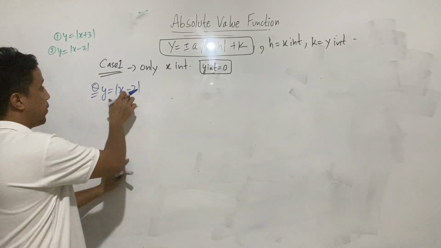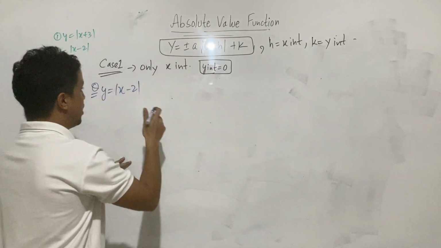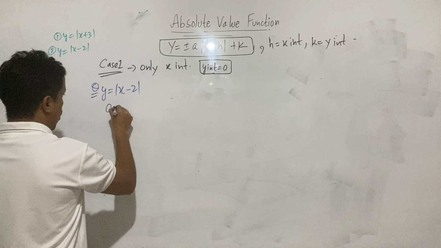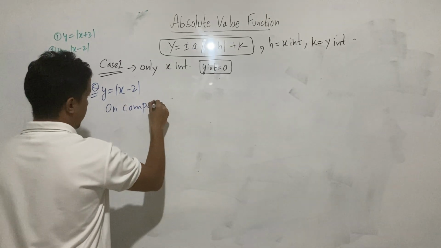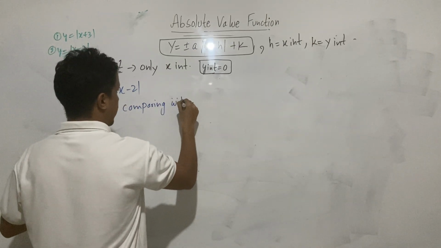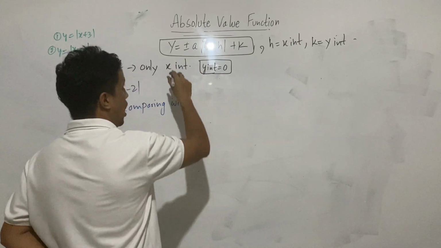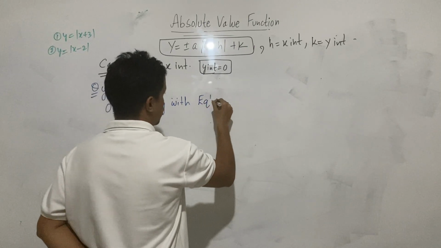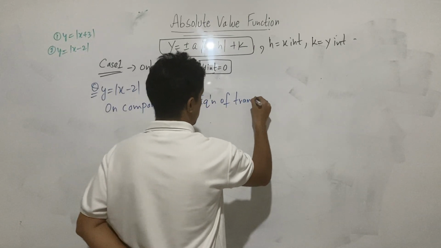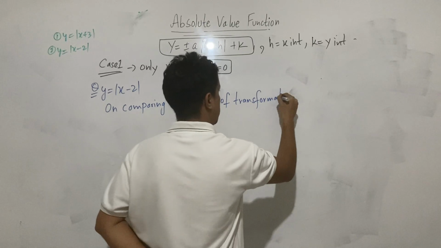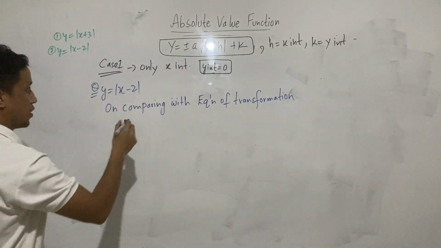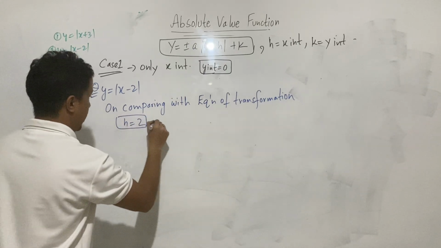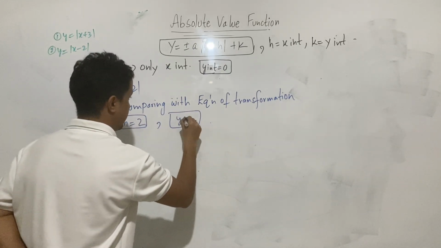Okay, if you compare this equation with this equation, you can see, on comparing with the equation of transformation, h is 2 and k is 0.